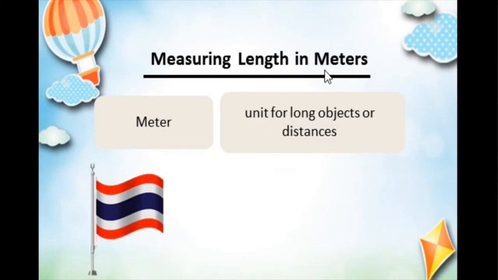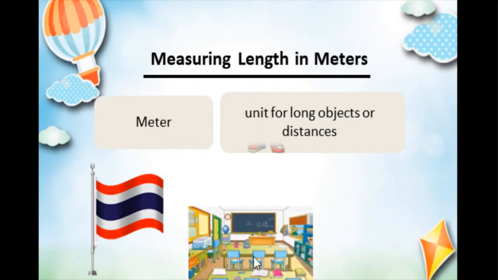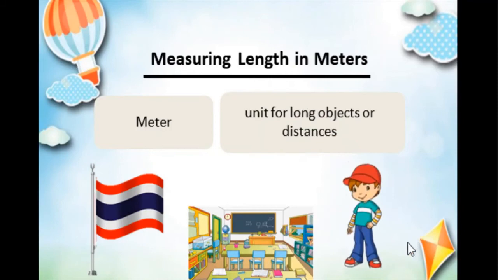We are done with centimeters used for measuring small or short objects. This time, we are going to use meters, which is for long objects or distances. Let's say, for example, this flagpole, this classroom, and the height of this boy.